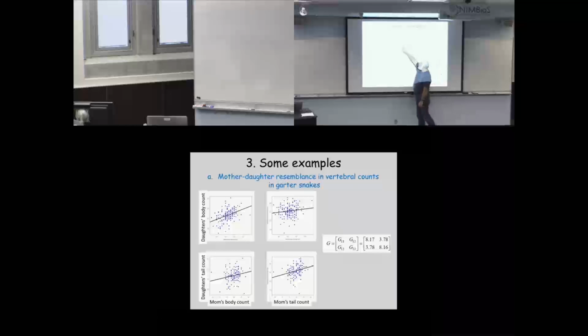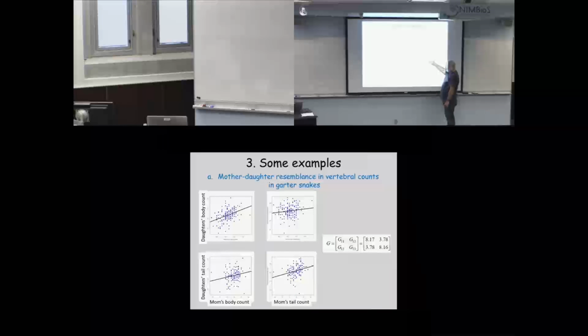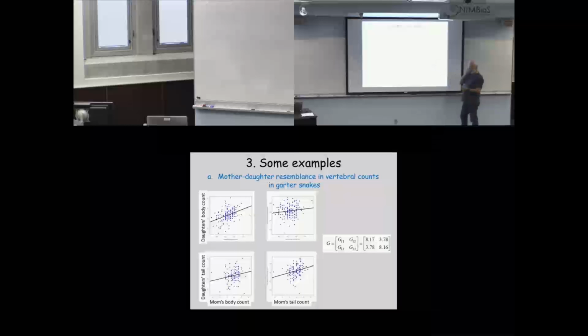And here you can estimate, as I said, the genetic covariance by regression. Again, you're not using the regression slope. You're estimating the covariance from that positive relationship. And then you take these two plots, average them in some ways to estimate that element in the matrix, which is the same here. And then here are the two genetic variances, and here are the actual values that we estimated from those data.